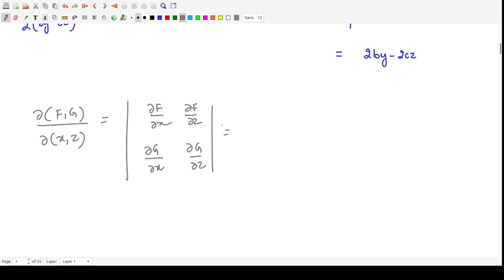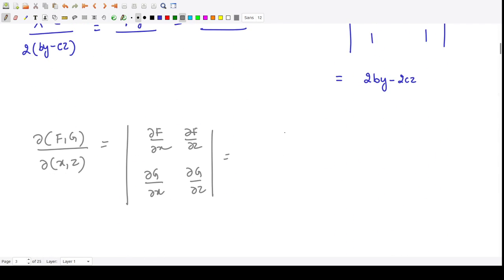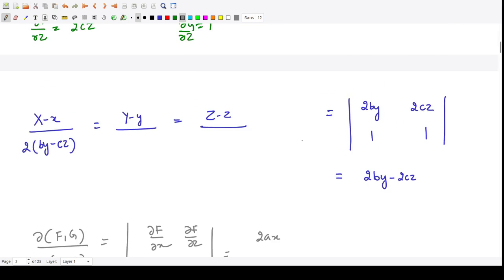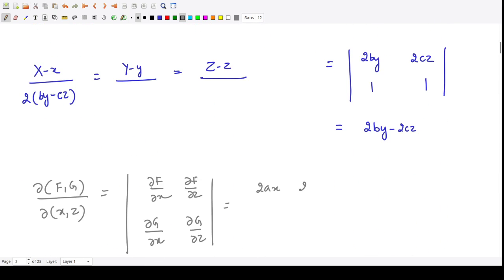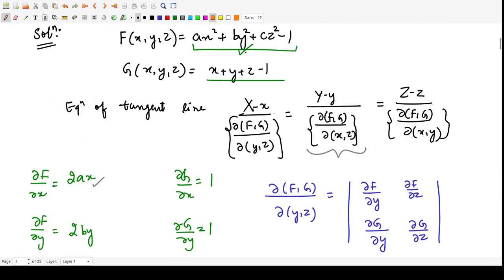And we'll substitute the values that we have calculated. So 2ax, and the value of del f by del z, that is 2cz divided by 1, and the values are 1 and 1. So it is 2 into ax minus cz. So its value is 2 into ax minus cz. And similarly we'll go for calculating del fg with respect to x and y for this third quantity over here in this equation.